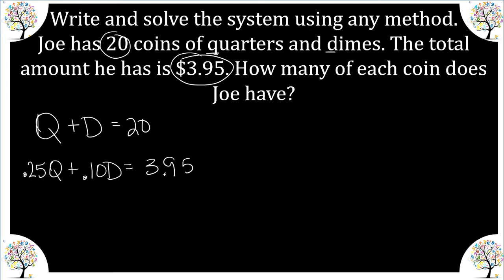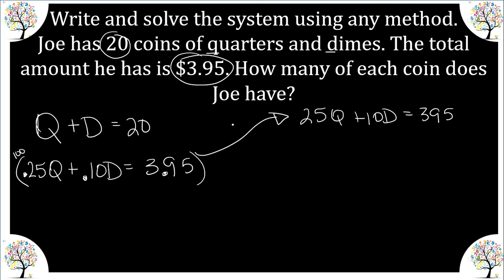Now remember, when we're working with decimals or fractions, we can always multiply our entire equation by a number to make our numbers easier to work with. So I'm going to multiply by 100, and this gives me 25Q plus 10D equals 395. So this is my new equation of the amount.